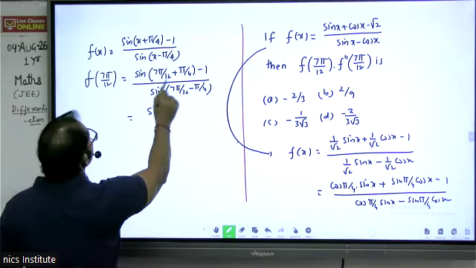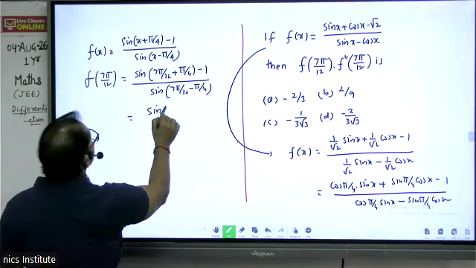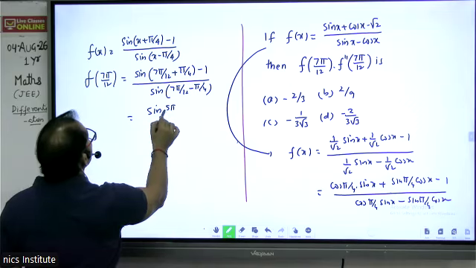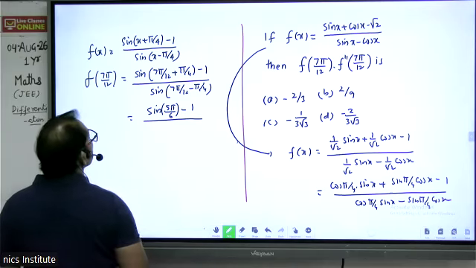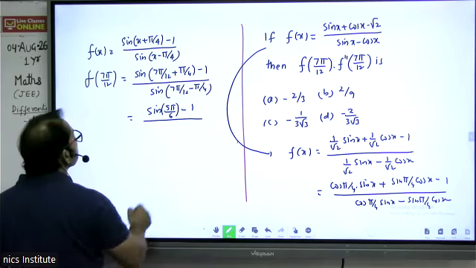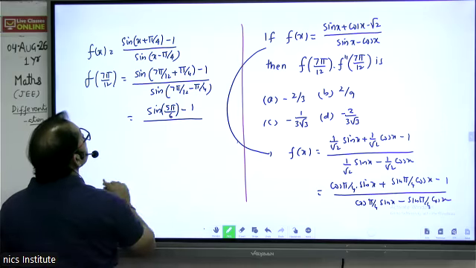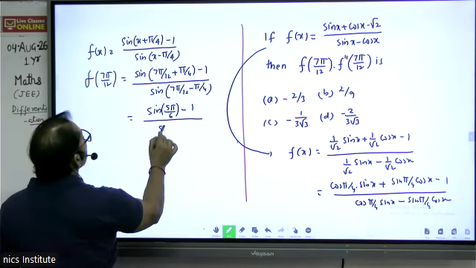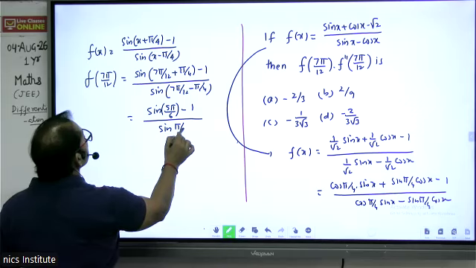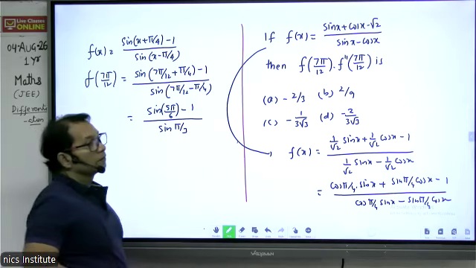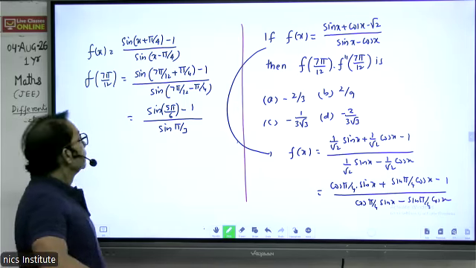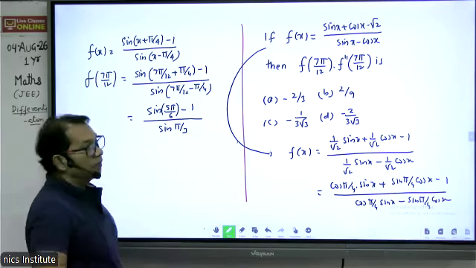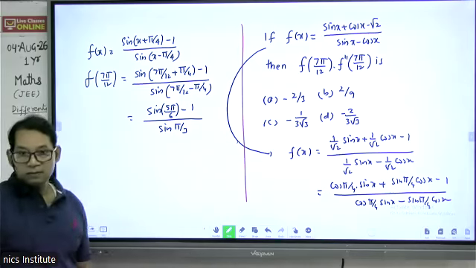कितना आ रहा है? 5 pi by 6, and this is pi by 3. Sin 5 pi by 6 would be sin pi by 6.